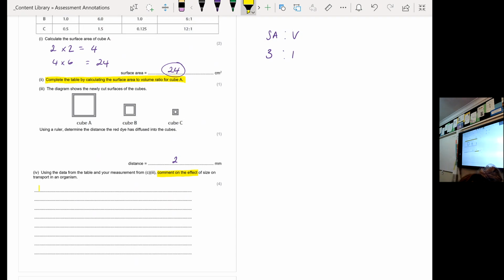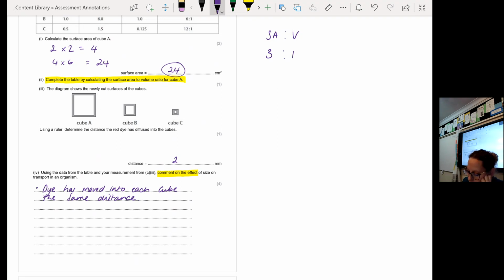So I can get a mark just by saying that, because when I measured all of them, they're all the same distance. So the dye has moved into each cube the same distance. That's 1 mark, that's 1 bullet point. That's one thing I can get from the data.